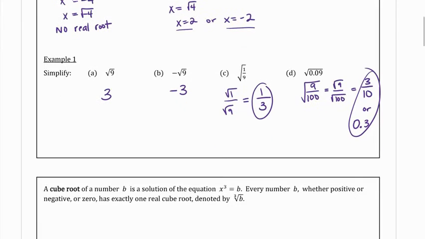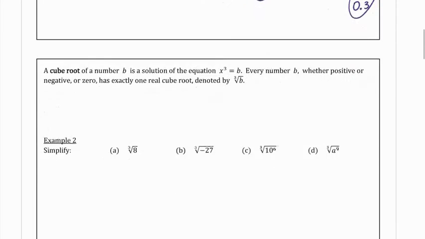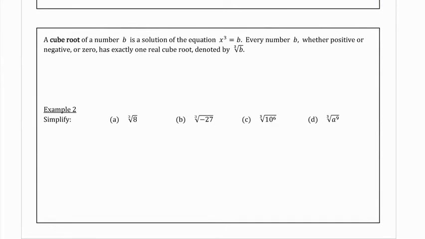Okay, so one thing that is a little bit new for us, we haven't talked a whole lot about cube roots of numbers. With a cube root of a number, there is only one root, because when I'm doing cube roots, I can get a negative or a positive, right?